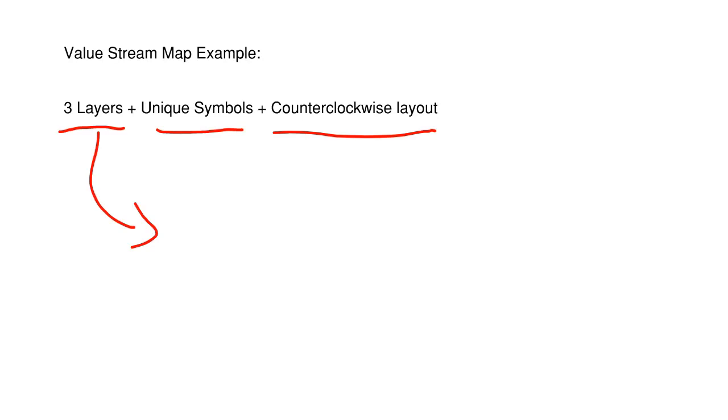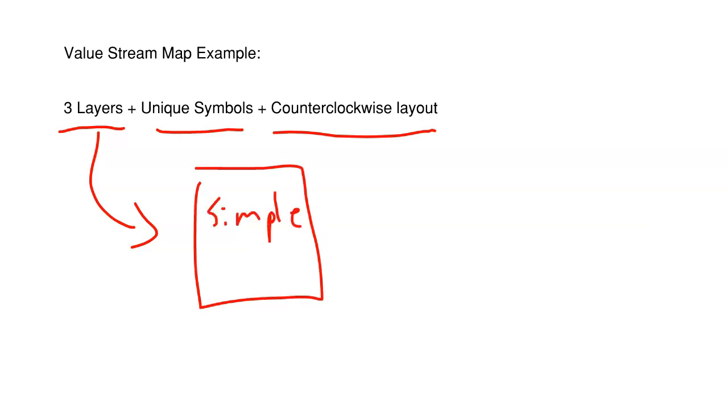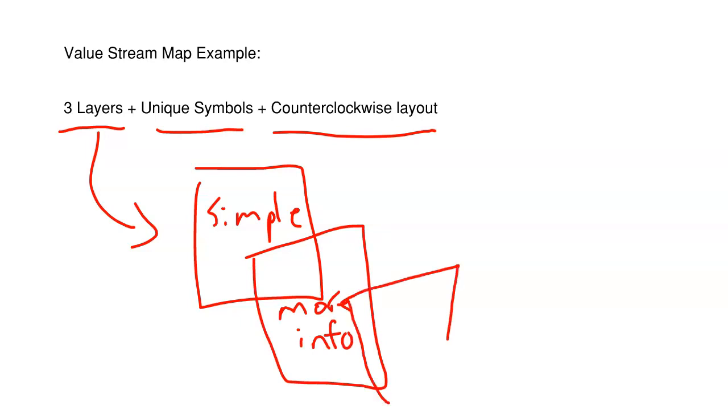The concept of layering, or having a simple map at the first level, followed by a transparency overlay at the second level of additional information, and then a third layer on top of that with your final detailed info, all stacked together, flattened out so that it turns into one big map, is a great way to break down complex process flows.